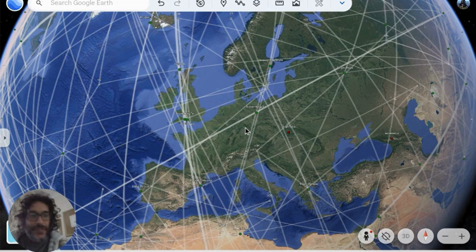So we've got High Tatra in Slovakia at 11.7 kilometers. Then we have Niagara Falls, also at 11.7 kilometers. We've got Mount Elbrus in the Caucasus at 12.2 kilometers.